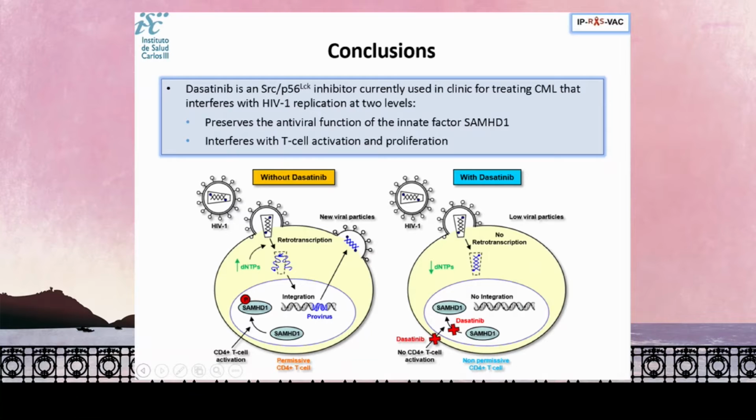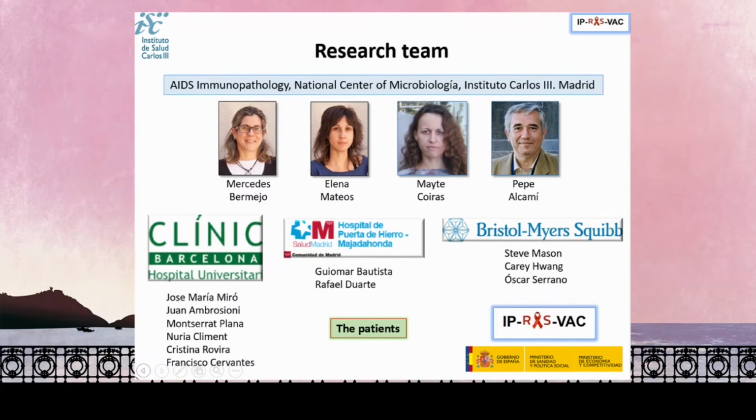In the presence of dasatinib or the other tyrosine kinase inhibitors, no activation will be produced, and then there will not be phosphorylation of SAMHD1. The cell cycle will not progress, the dNTP will remain at a low level, and there will be no retrotranscription and no integration of the provirus.